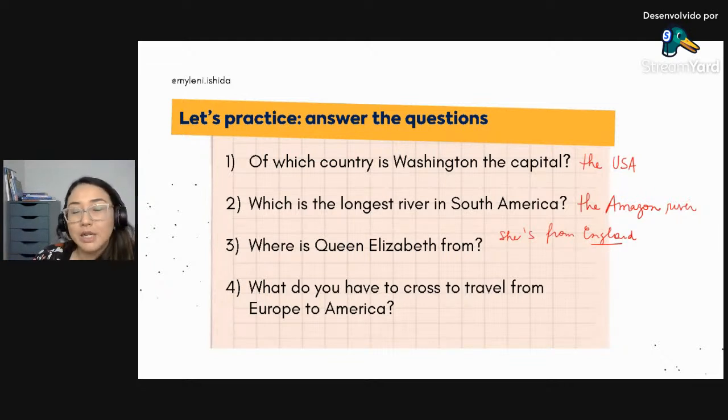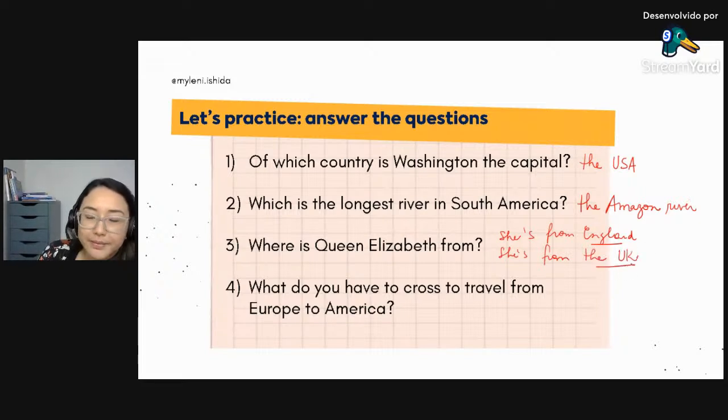If you say that, it's incorrect. Okay? With countries, we don't use it. Only if the country has this idea of a combination of things together, like we have here in the chat, the United Kingdom. So she's from the UK, right?